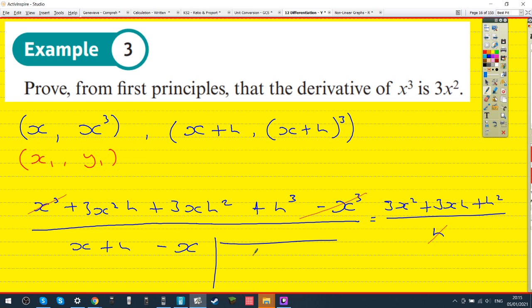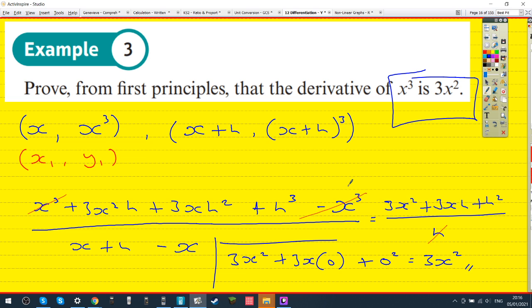If you substitute 0 for h, h becomes 0, so 3x squared plus 0, just 3x squared. And there we have proven that the derivative of x cubed is 3x squared.